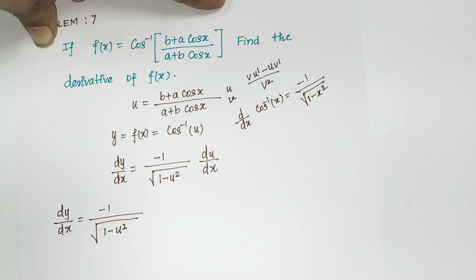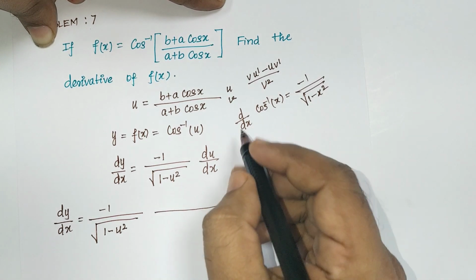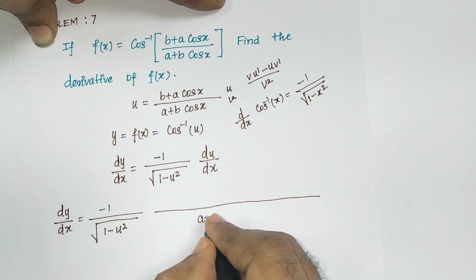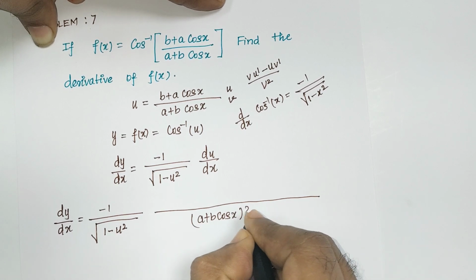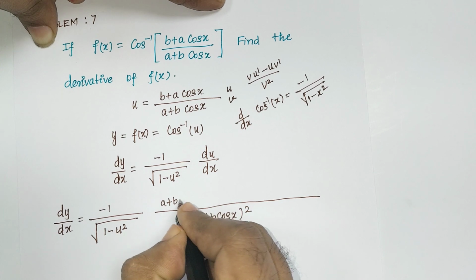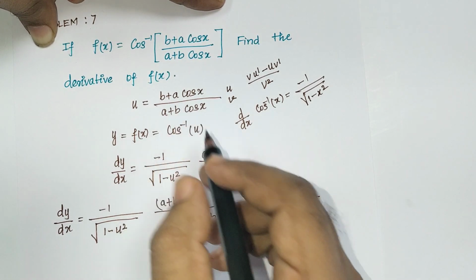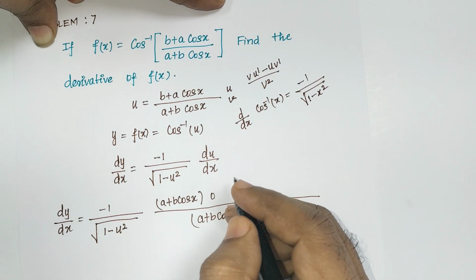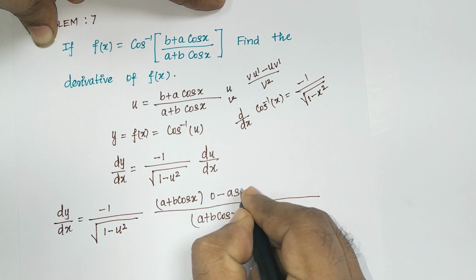Okay, so here in the denominator v square, v is a plus b cos x, so (a plus b cos x) whole square. In the numerator v is constant, so I'll write a plus b cos x constant, and differentiation of u: b differentiation is 0, and cos x differentiation is minus a sin x.